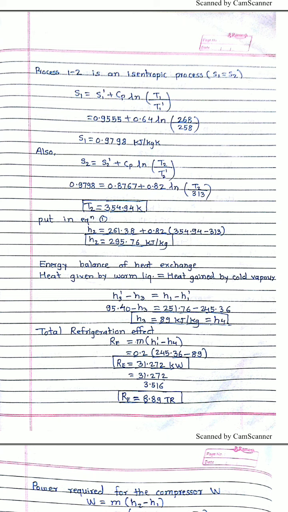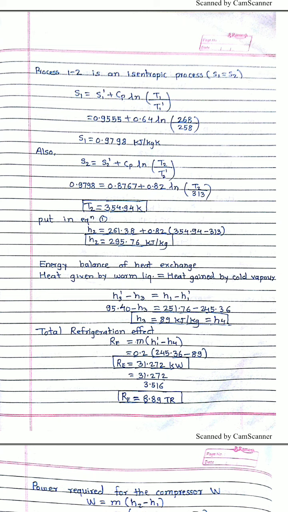Also, the 3 to 4 process is an isenthalpic process, so H3 is equal to H4, 89 kilojoule per kg. The total refrigeration effect is Mr into H1 dash minus H4. Please remember this, because the refrigeration effect is observed up to the saturated vapor point. H1 dash is 245.36, minus H4, which is 89, and the mass flow rate is given as 0.2.